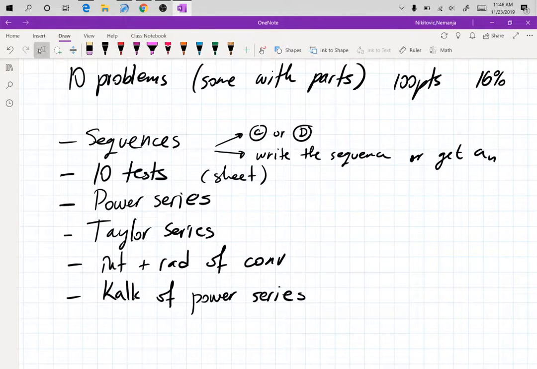That's it. I mean, when you take a look at this, I could have actually just said power series, just Taylor series and stuff, and you're done.